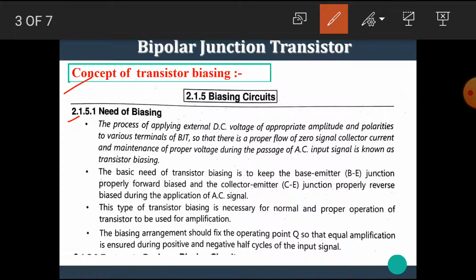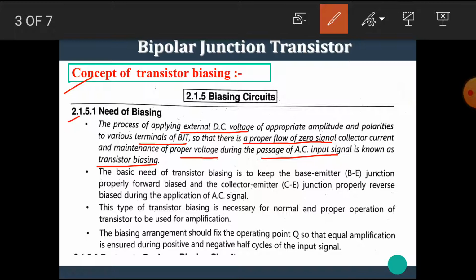The process of applying external DC voltage of appropriate amplitude and polarities to various terminals of the BJT, so that there is a proper flow of zero signal collector current and maintenance of proper voltage during the passage of AC input signal, is known as transistor biasing. That means biasing is the process of applying an external DC source to the proper terminals of the BJT.